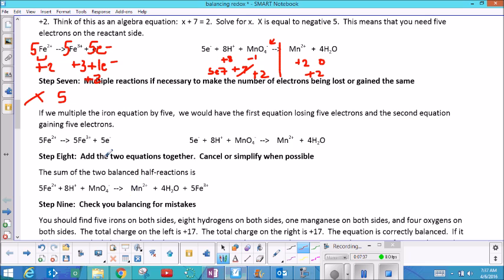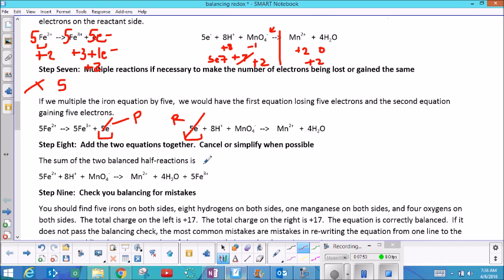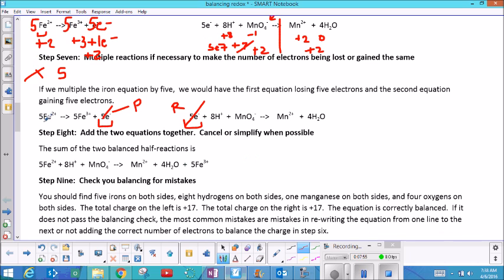Now my electrons can cancel out, and they have to be on opposing sides. So you see these are products, and these are reactants. That's good. The only way this problem will work is if they're on opposite sides. So they've canceled out. And then I'm going to add the reactions together. So I've got 5 Fe+2, and that gets me to the arrow, and then I come over here and pick up everything over here that's a reactant and put it in my equation.